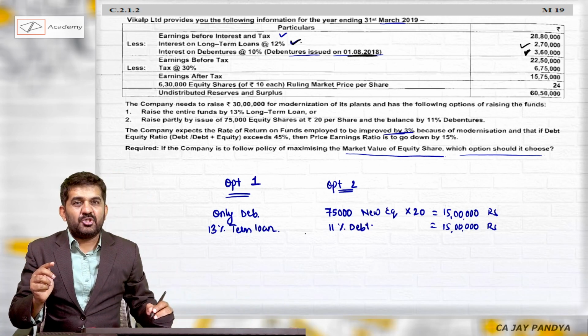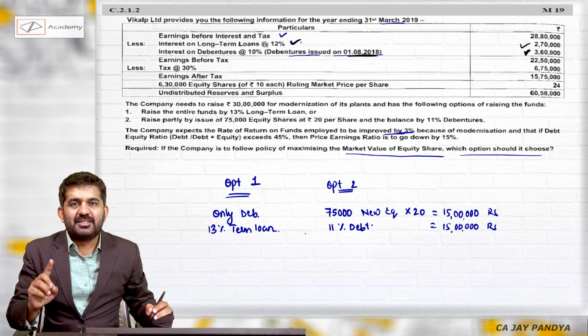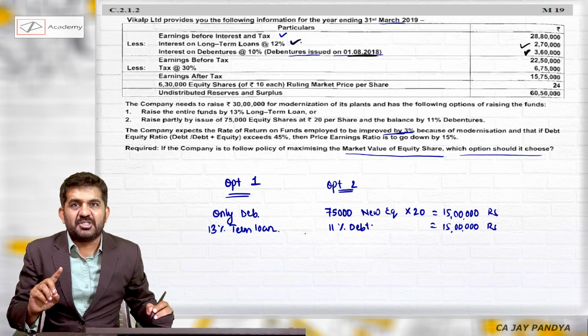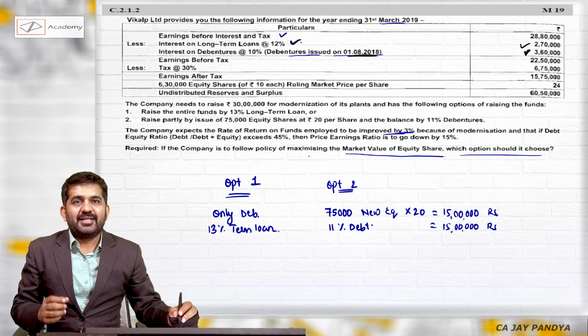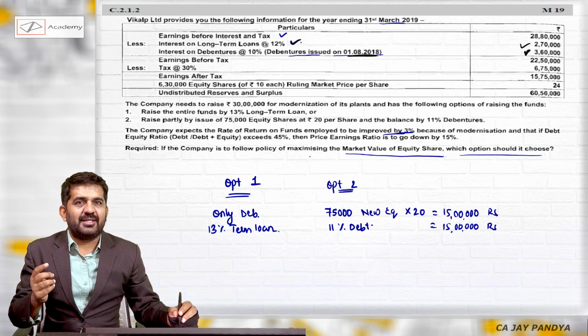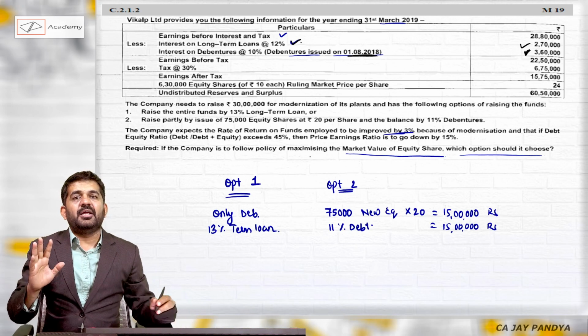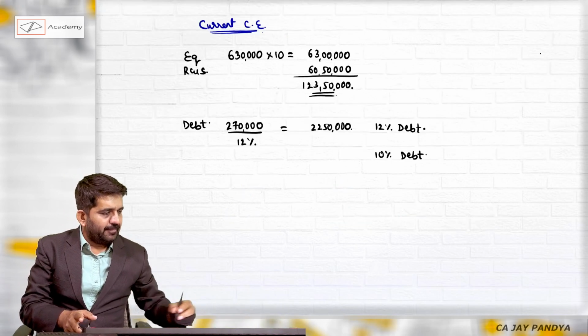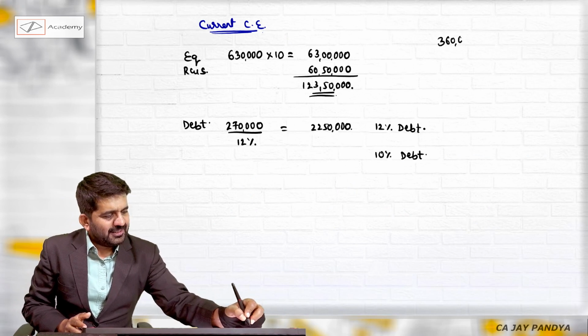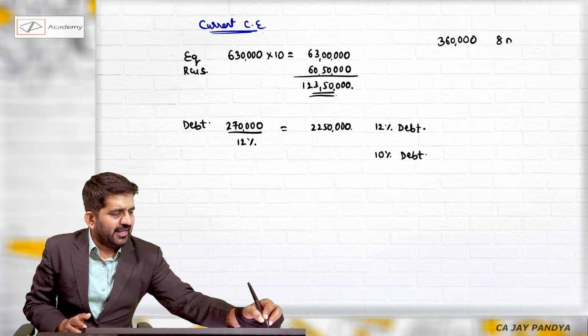April, May, June, July, these months' interest would not be charged. So only 8 months of interest would be charged. That is the 8th month, 9th, 10th, 11th, 12th, 1st, 2nd and 3rd. So 3,60,000 is 8 months of interest.